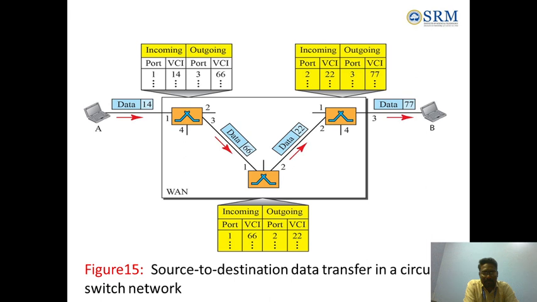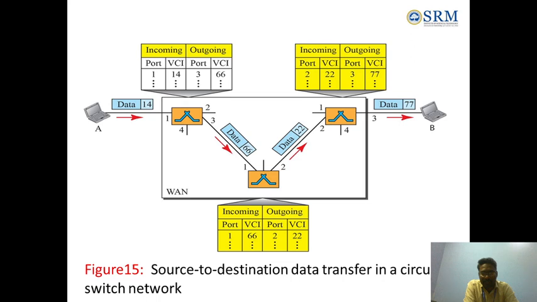From the switch with VCI 14 at the incoming port, you send your frames and receive them at the output port with VCI 66. Then in the next switch the input is 66 and the output is 22. Then in the next switch, from VCI 22 you transfer the frames to VCI 77.